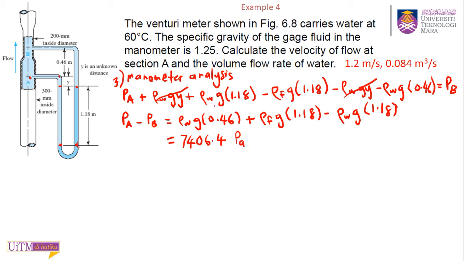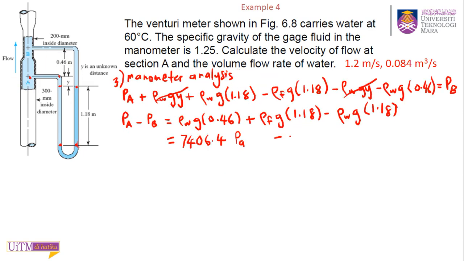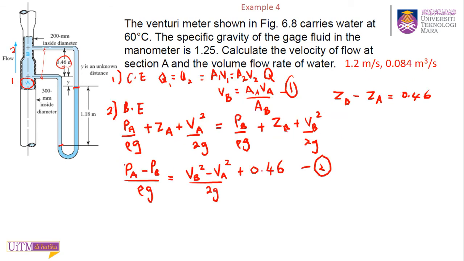Okay, I believe your calculation. Okay, so you have your PA minus PB, so this value, and you can replace back. Okay, this is third equation, and then you substitute 3 into 2. Okay, your second equation here, remember kat sini.